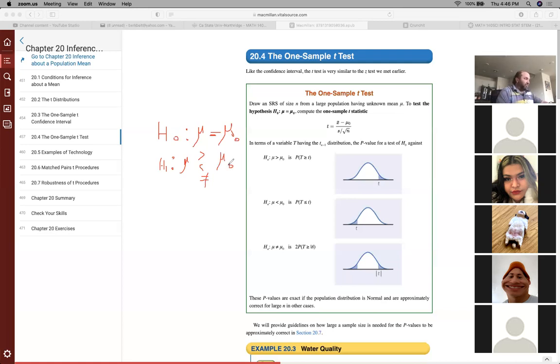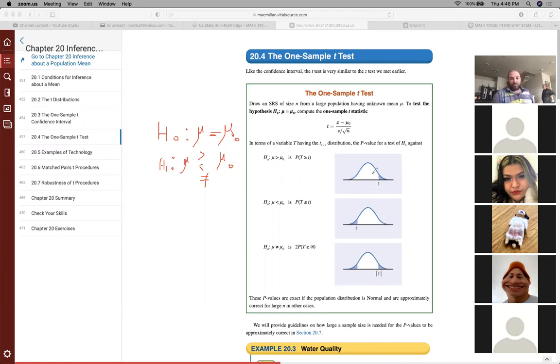That part is exactly the same as it was before. What is different is that we are now dealing with a situation where we do not know sigma. That is the only difference. We don't know sigma.